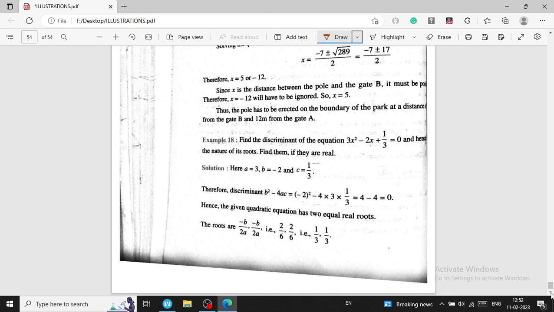So you have to prepare all examples in a very good way, and after that you have to try all exercises, because if you try examples, then you can easily solve all questions of the exercise, and you can also solve questions in your exam.